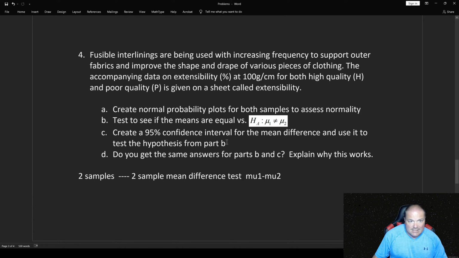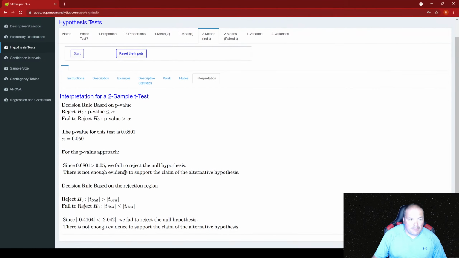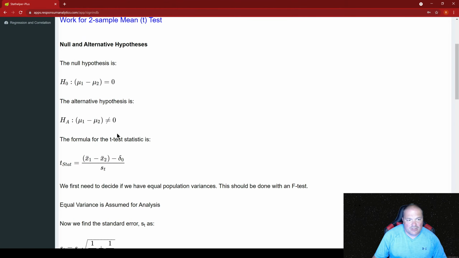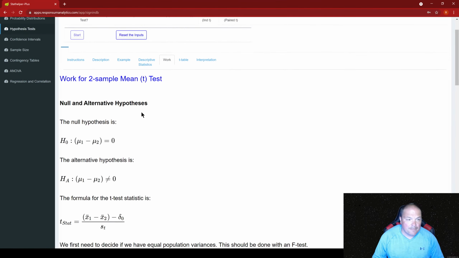In our case, the hypothesized value is 0, so I'm going to create the confidence interval and look to see if 0 falls in there. If it does, I fail to reject. If it doesn't, I reject. So let's try that.